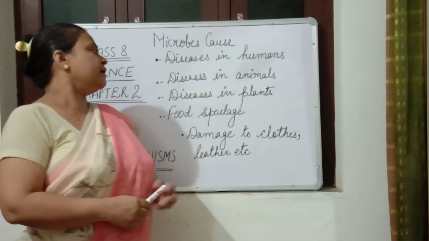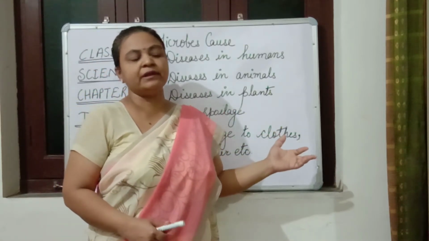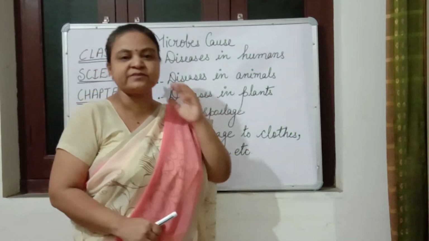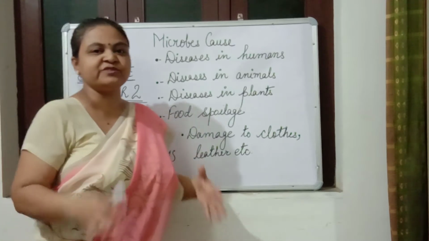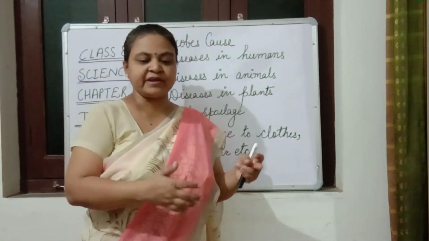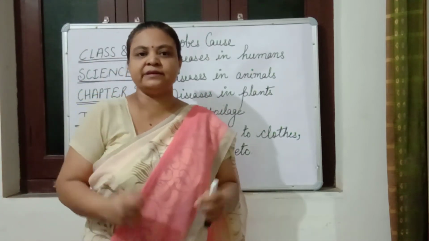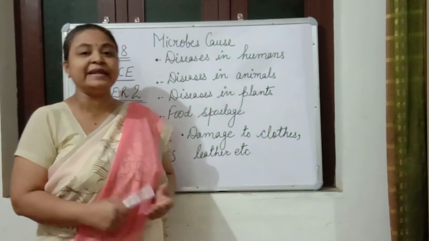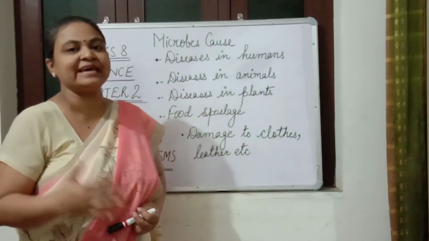Similarly, in animals also, for example, foot and mouth disease is caused when the cattle are grazing together on the same stalk. So these microorganisms get transferred through the food from one animal to another. Another very deadly disease which used to occur in the olden times in cattle was anthrax.